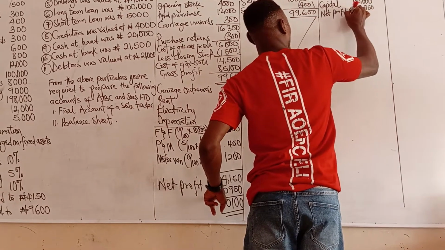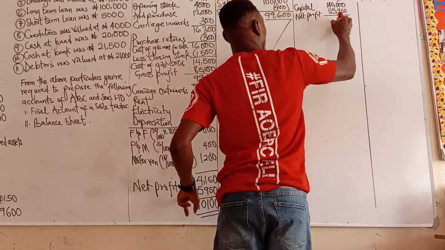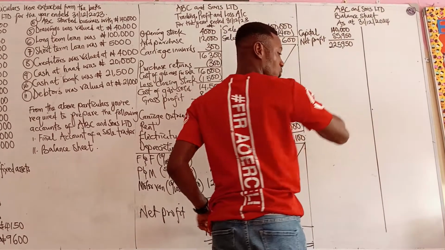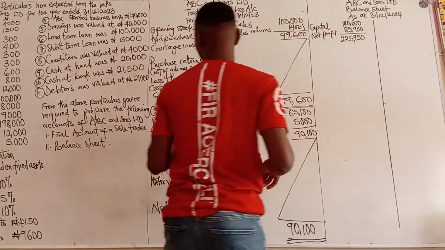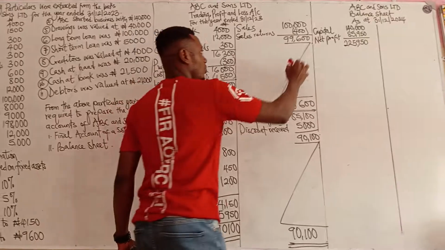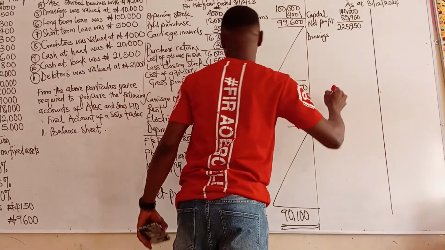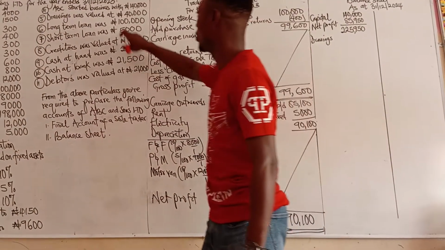85,950. If we add this, this is 0, this is 5, this is 9, this is 5, 12, 2 carry 1, 225,950. Then we less our drawings. Drawings are the amount of goods that were taken away from the company for personal use.